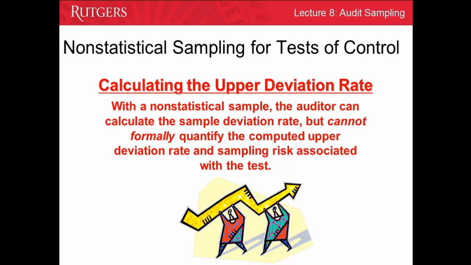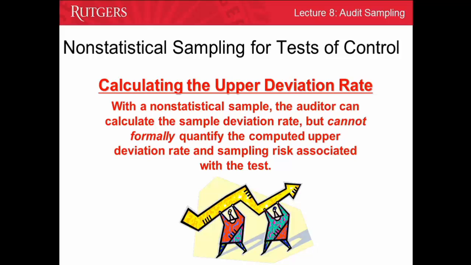It says that it is generally appropriate for the auditor to assume that the sample results do not support the planned assessed level of control risk if the level of deviation identified in the sample exceeds the expected population deviation rate used in designing the sample.